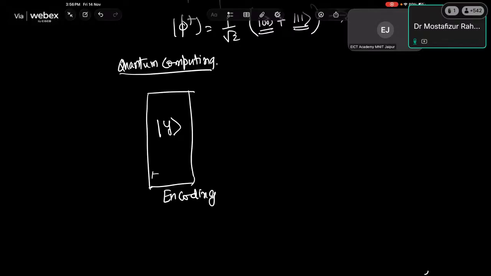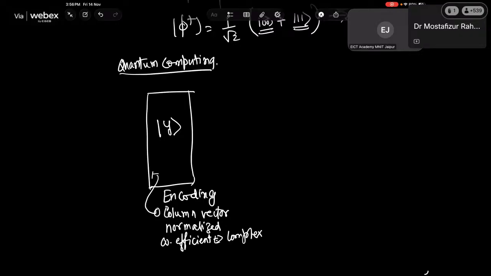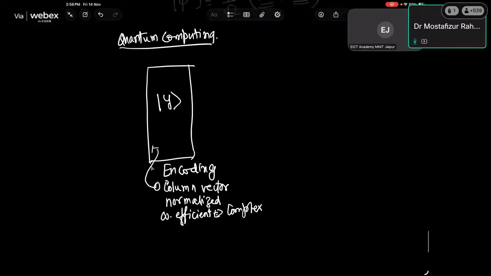It's simply a column vector. It's a normalized column vector. Coefficients may be complex. We take all these things just to obey the probability formula, because the sum of all the coefficients squared would equal unity, 1. So this is the first step.